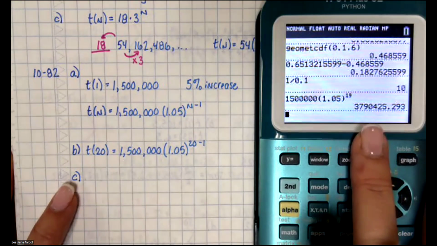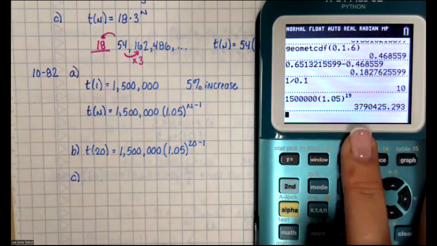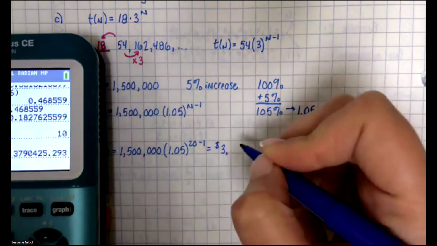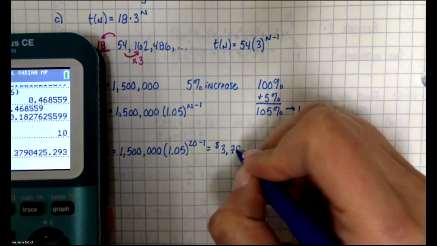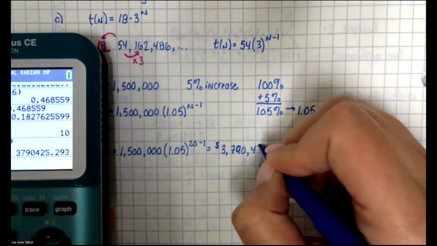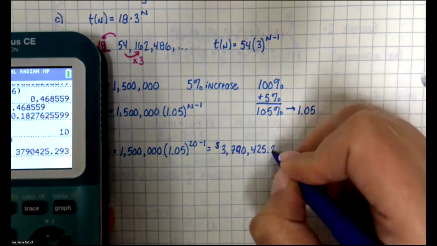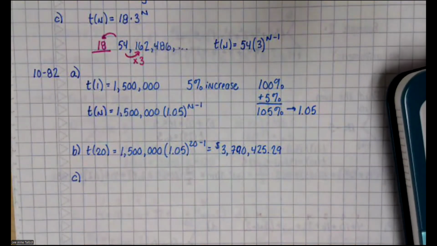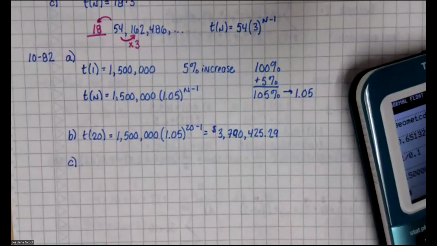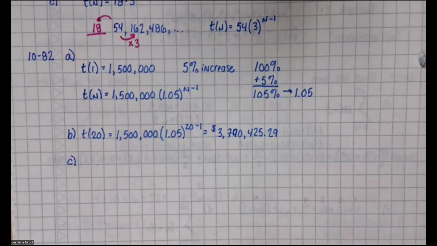Ooh, okay. So that's 3,790,425, and I'm sure Mr. Hanks is going to want his 29 cents. He's definitely going to want his 29 cents. I mean, he could invest that 29 cents.